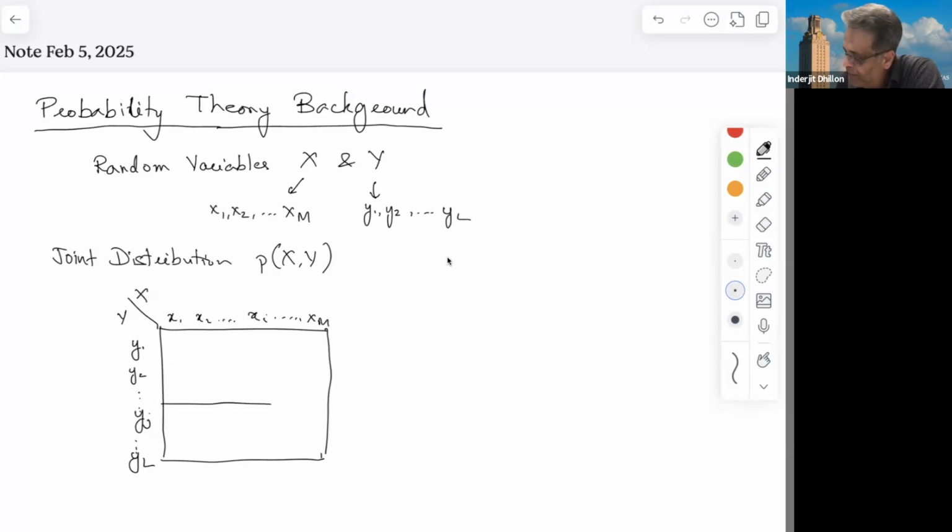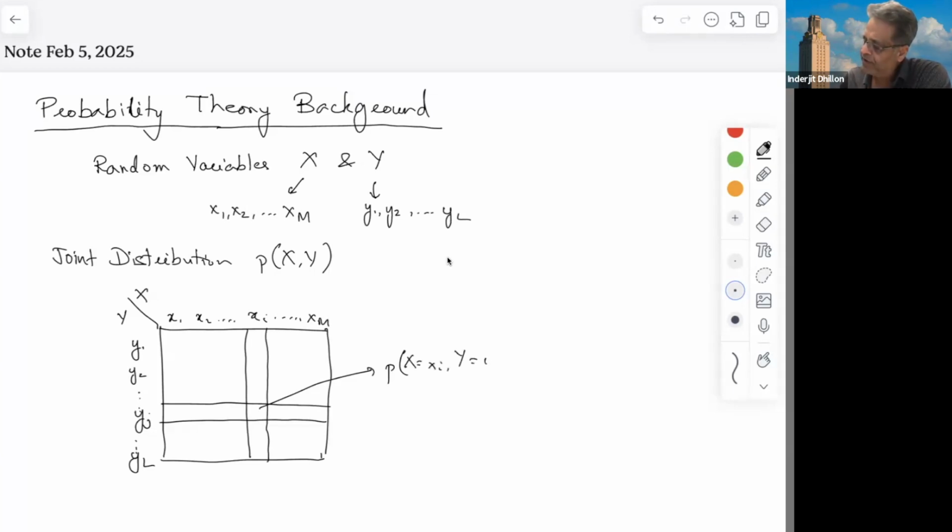If I am looking at the jth row, yj, and the ith column, xi, then to be very particular, this is the probability of x equal to xi and y equal to yj. Many times we don't want such cumbersome notation, and we'll just say that this is the probability of xi comma yj.